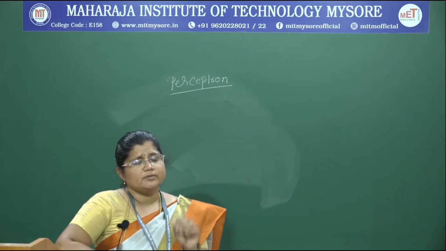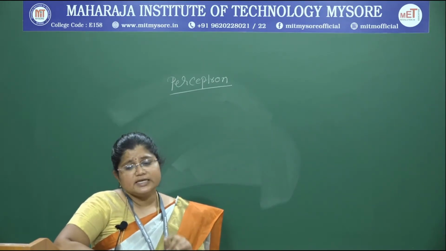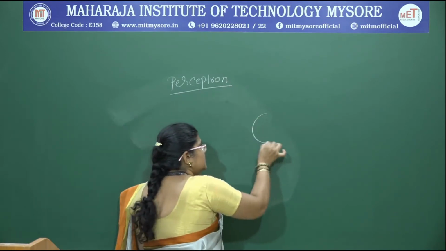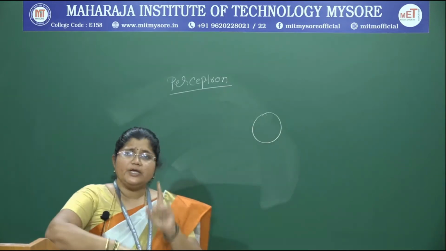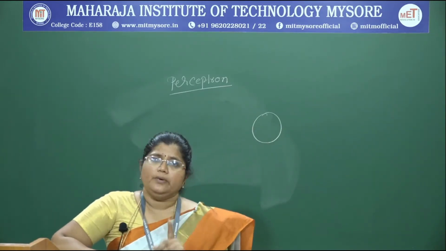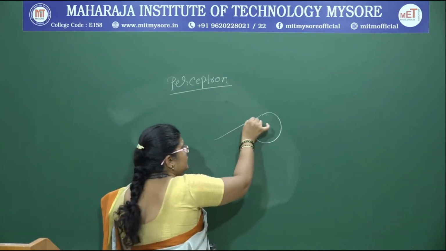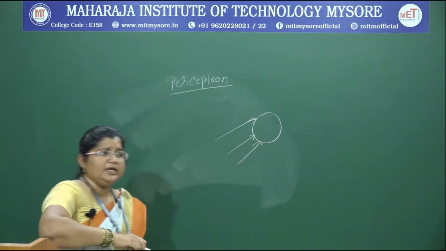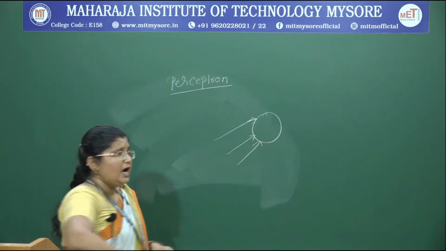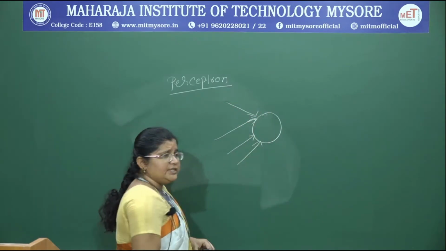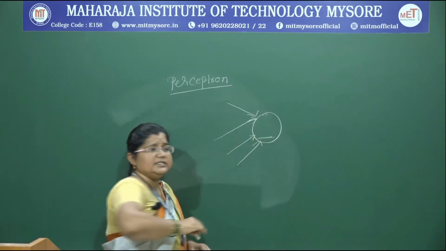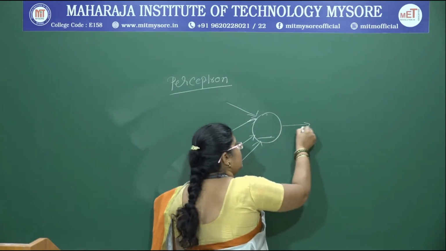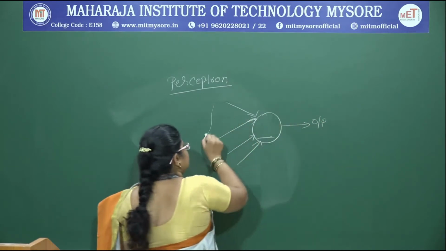The perceptron is a single layer neural network. If you consider only one single perceptron, it is a single layer perceptron which receives multiple inputs, and those multiple inputs are processed inside the single neuron, which returns a single output.